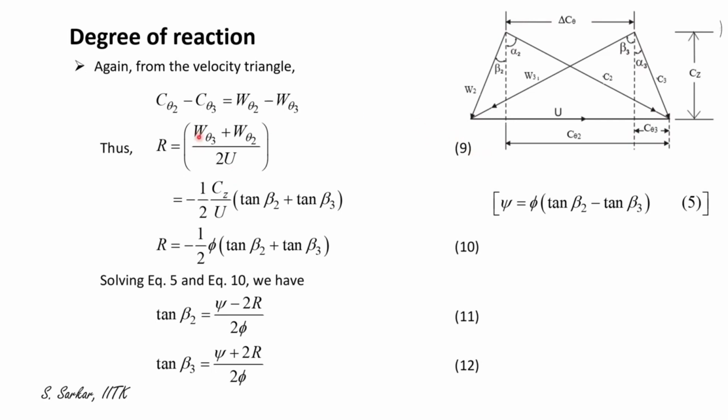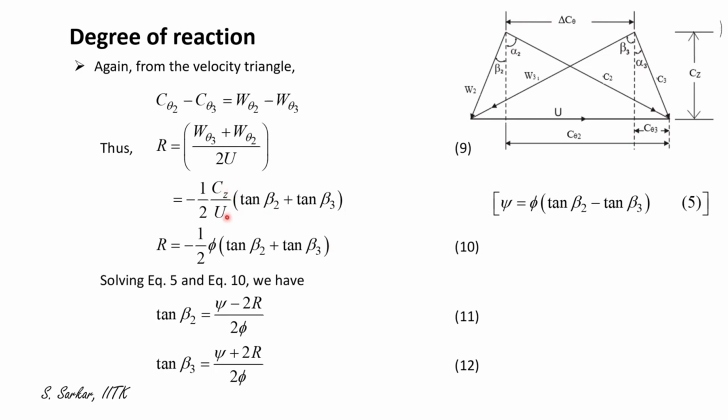Putting the value of w theta 2 and w theta 3 in terms of beta 2 and beta 3, R can be expressed as minus half Cz by U, within bracket, tan beta 2 plus tan beta 3.